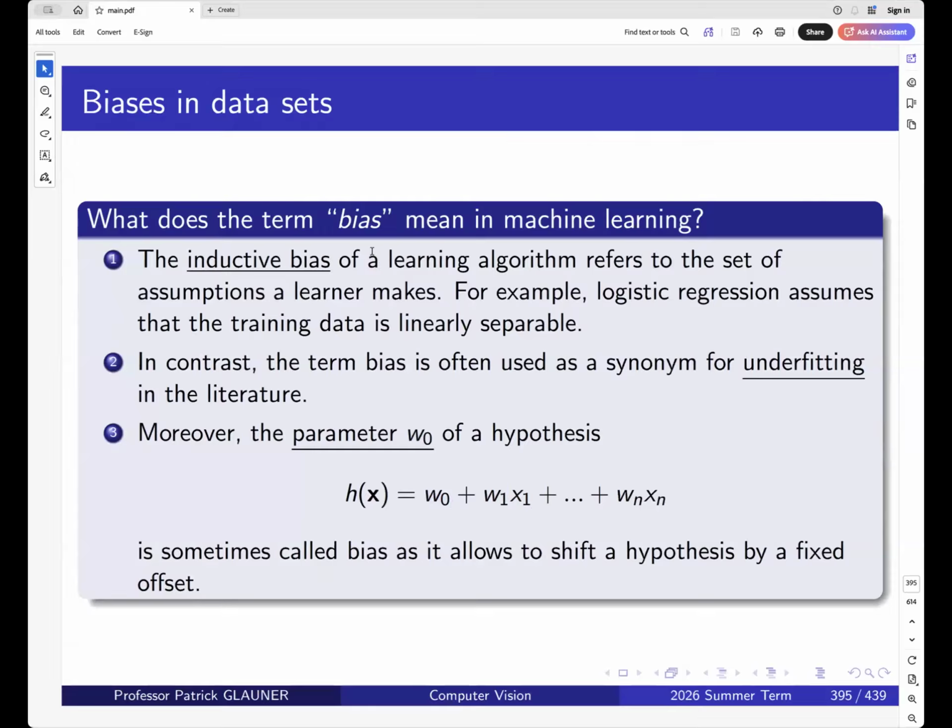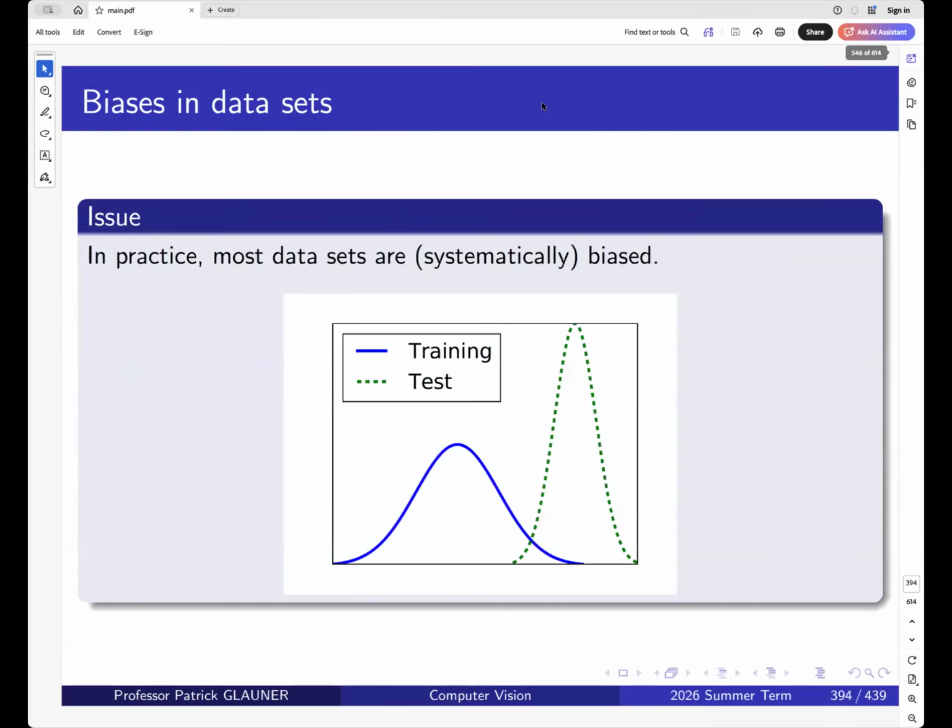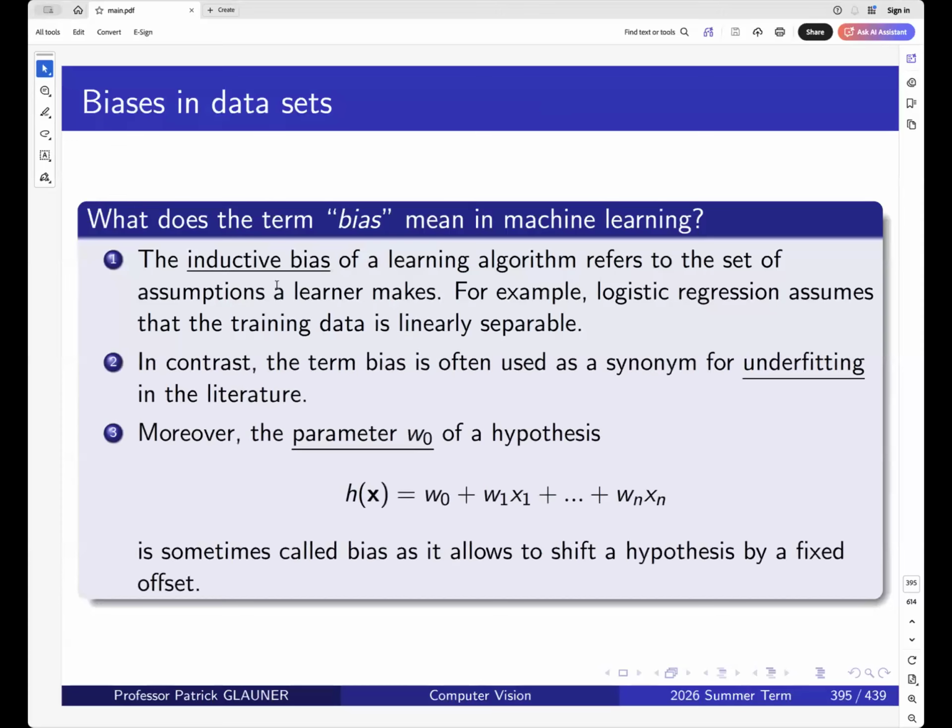And the inductive bias is simply the underlying assumptions that your model makes. Now, the third thing that can be a bias is this one here, that our data set or our test set comes from a different distribution than the training set. This is what we are referring to now when we talk about biases.